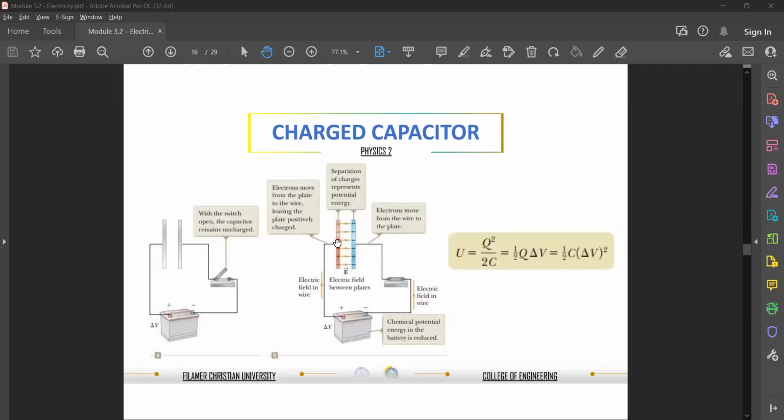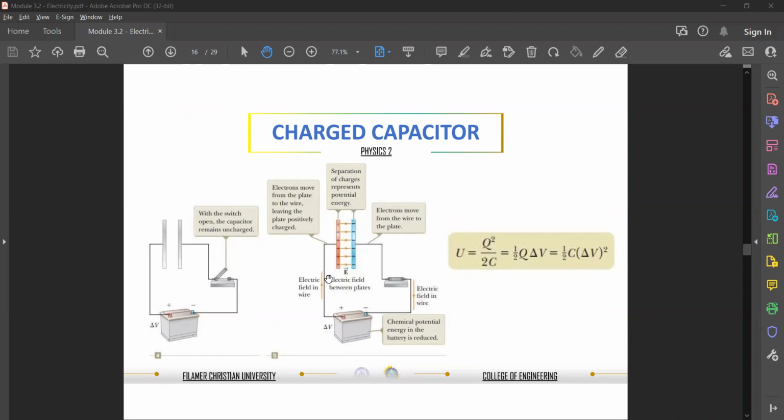So how is a capacitor charged? Yeah. So first we begin with the switch, no? So let's say with the switch open, yung capacitor natin dito is uncharged. Yan. But how about if the switch is closed?